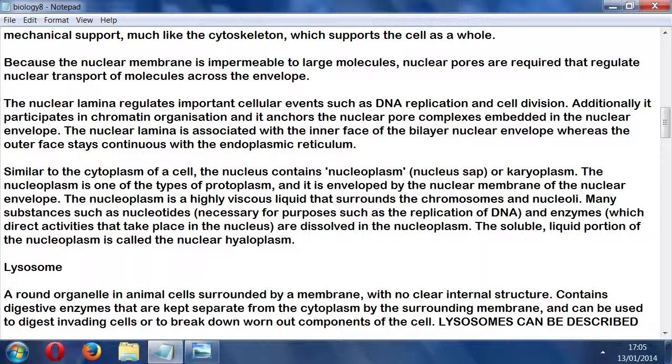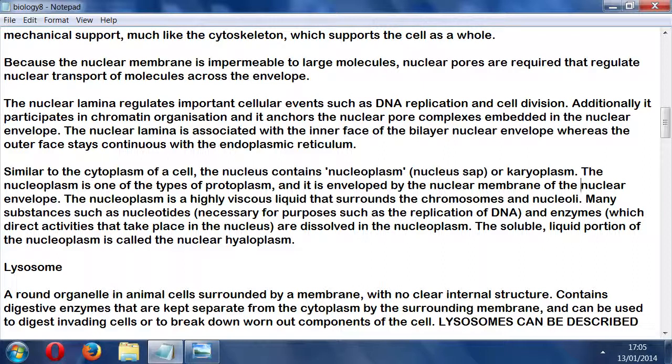Many substances, such as nucleotides, necessary for purposes such as the replication of DNA, and enzymes, which direct activities that take place in the nucleus, are dissolved in the nuclear plasm. The soluble liquid portion of the nuclear plasm is called the nuclear hyaloplasm.